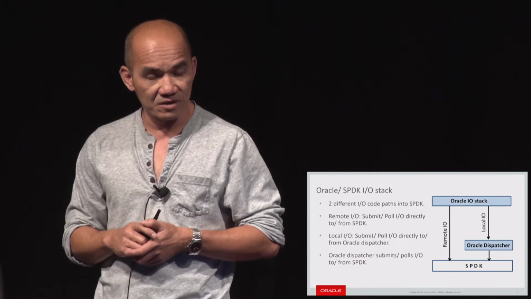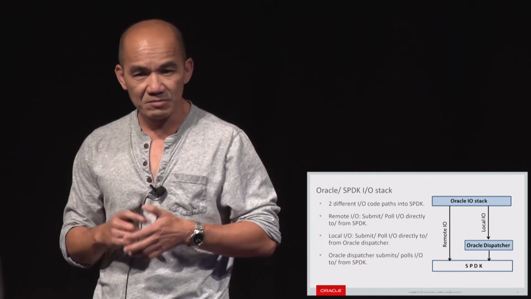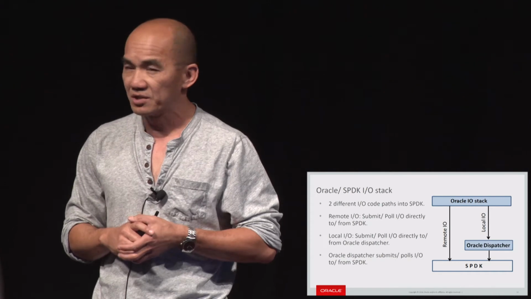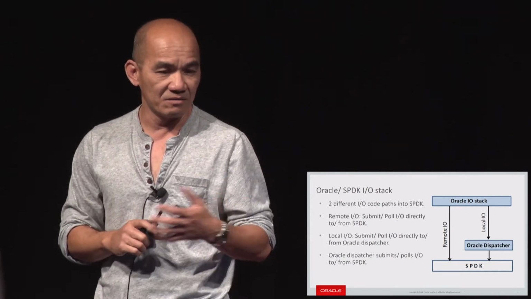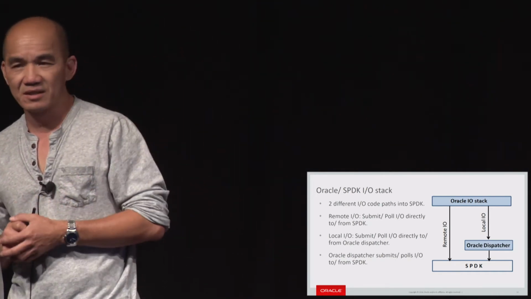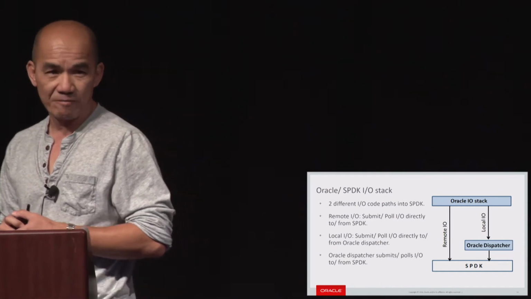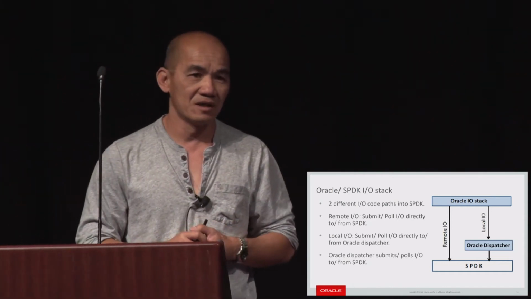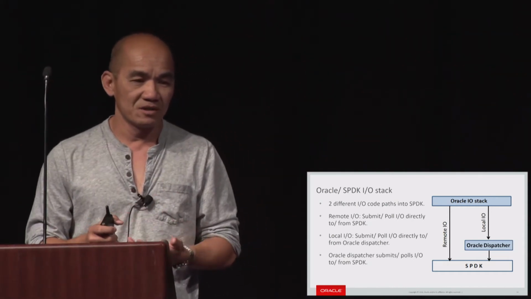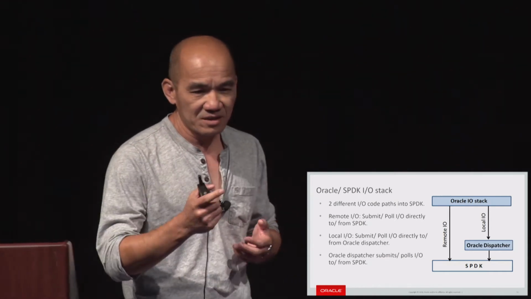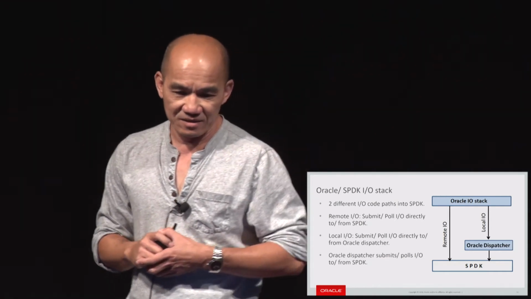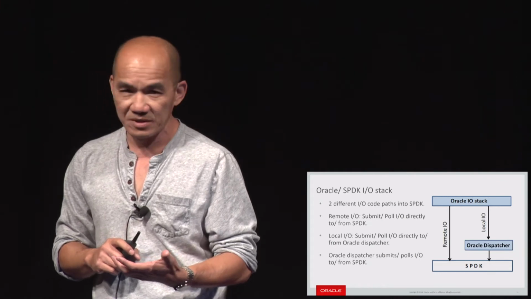One solution was to come up with some kind of scheme to share the IOQ. We came up with some kind of proxy, in our case, the dispatcher. Looking at the stack, there are two paths to SPDK.